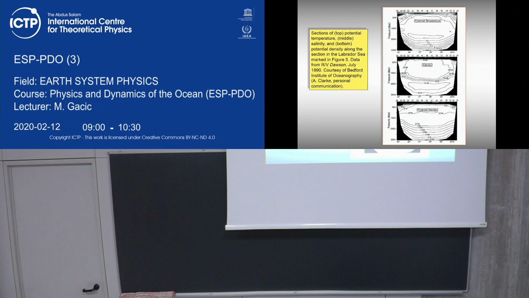The importance of this vertical mixing is not only to drive the global conveyor belt. Obviously, this is the most important part. But the vertical mixing is also important because, as I might have mentioned before, the sea surface water, which is rich in oxygen because it is in contact with the atmosphere, is brought to deeper layers by this vertical mixing.